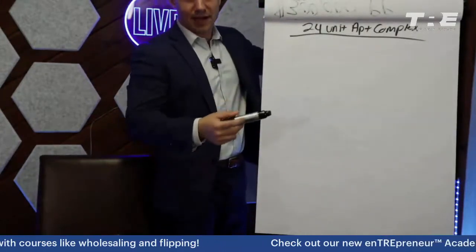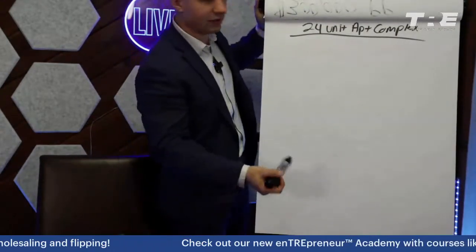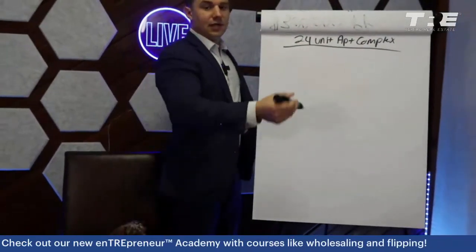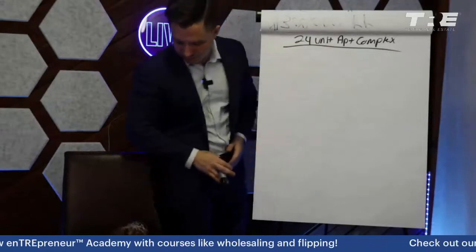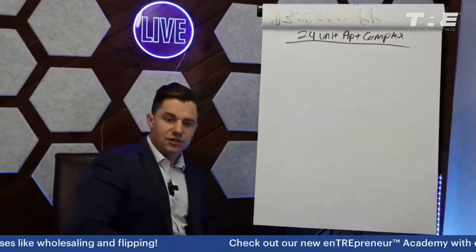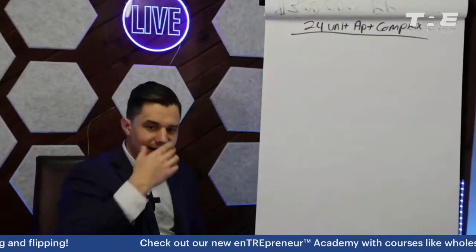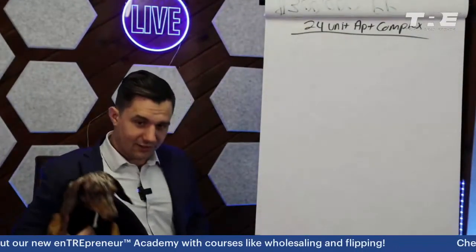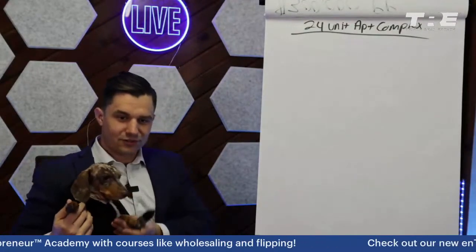And I want to show you all the power of buying 24 units versus 1 unit. No, you're good. You can stay zoomed in. I'd rather have it here than anywhere else. So I don't know these numbers. Matt's got all the financials, but let's run through the example of what it looks like.